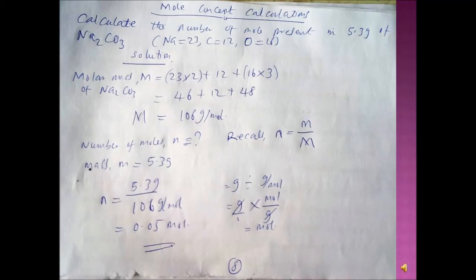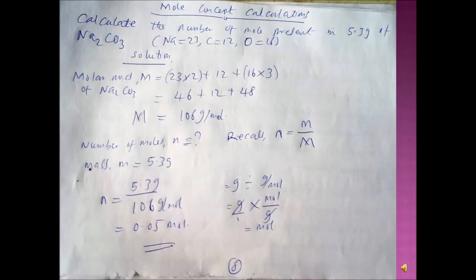Then what is the number of moles? You recall we have a formula that says the number of moles is related to mass over molar mass. That is n equals m over M, mass of substance over molar mass of substance. From the formula, one of the givens is 5.3 gram. So by the time you divide by the molar mass we have just calculated, 106, we get 0.05.